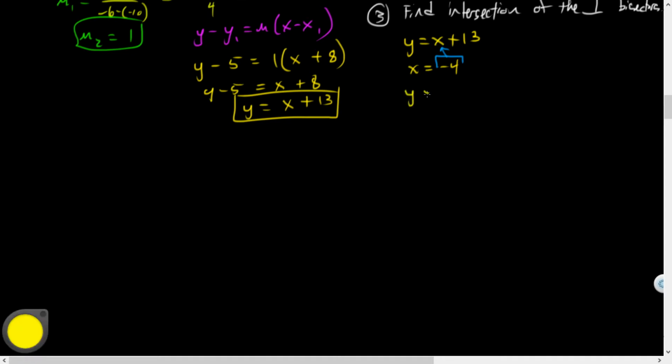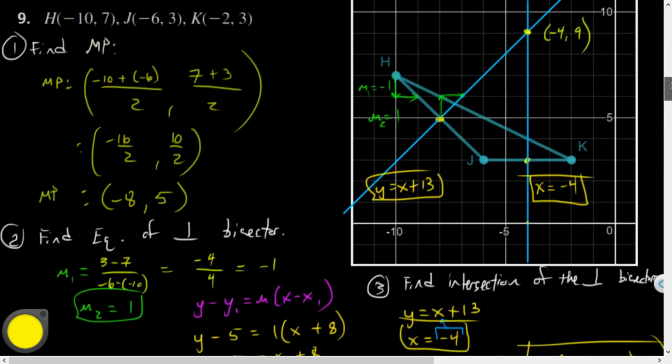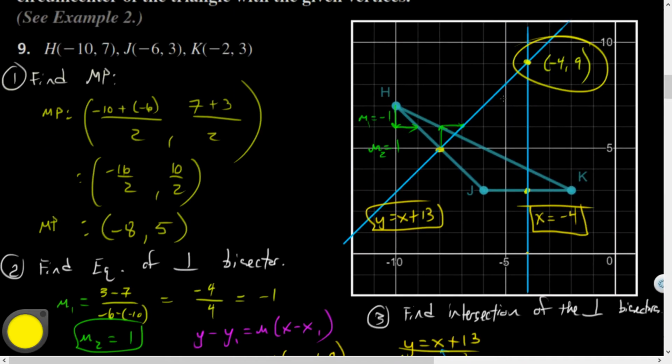So solve one of the equations for one of its variables, which was already done here, and then plug it into the other equation. So -4 plus 13, I get y equals 9. And notice I now have a combination of x and y, which is my solution -4, 9. So you can algebraically find the intersection, and notice that is graphically what I also have.